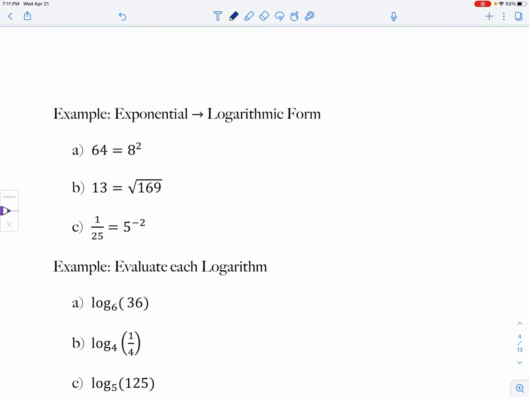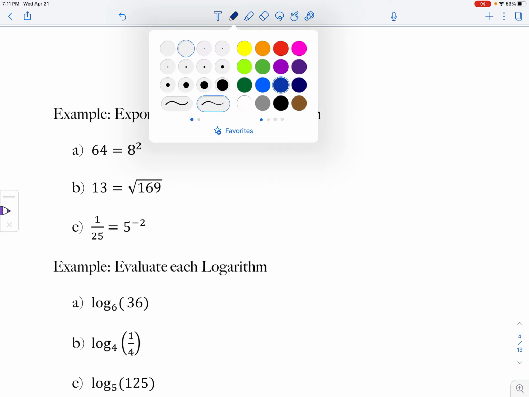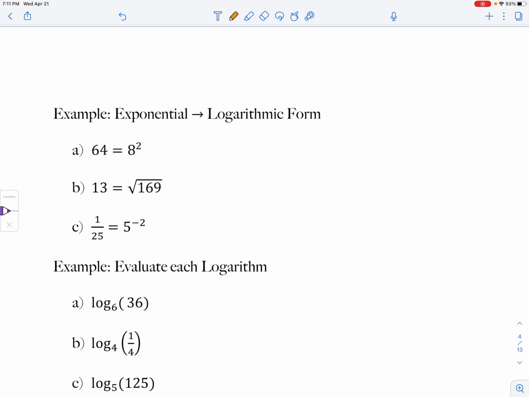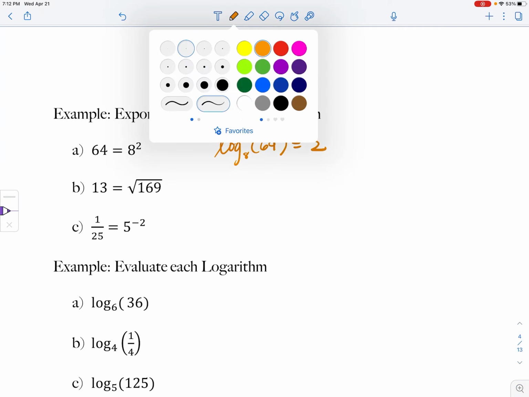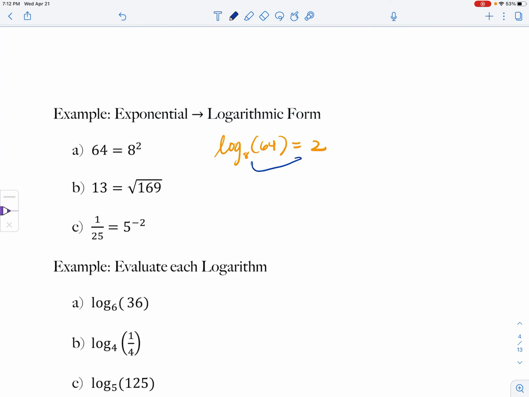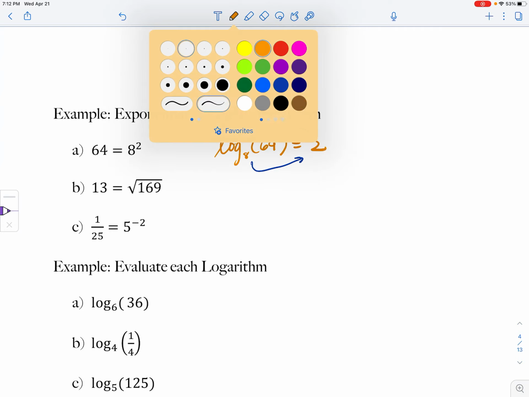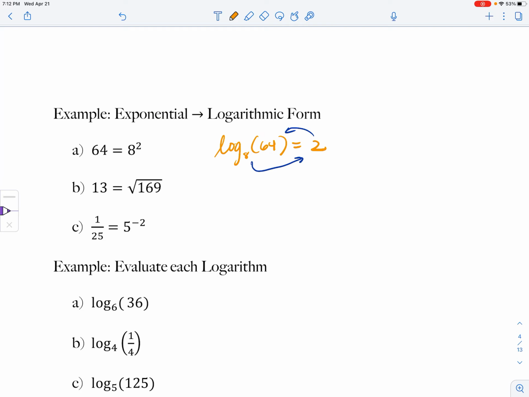And then you should also be comfortable going from exponential to logarithmic form. So 64 equals 8 squared can be written as log base 8 of 64 equals 2. And I always think about checking it by thinking about the arrows. The log, right? 8 squared equals 64. And remember, the square root can be thought of as the 1/2 power.